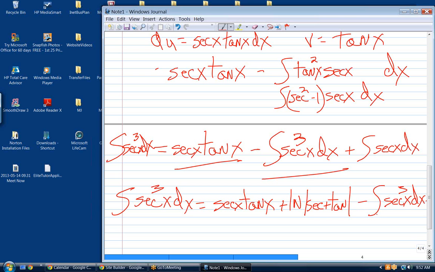In other words, I can take this term over here and move it to the other side of the equation, making two of them. Put a 2 right there, erase this term. Now I have my answer. So all I have to do is divide both sides by 2. There's what the integral of secant cubed is equal to.